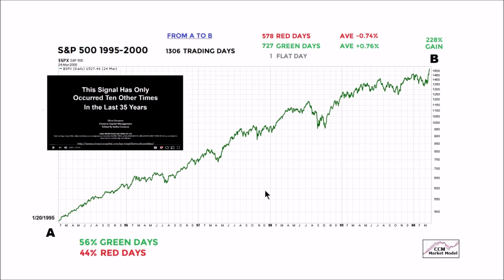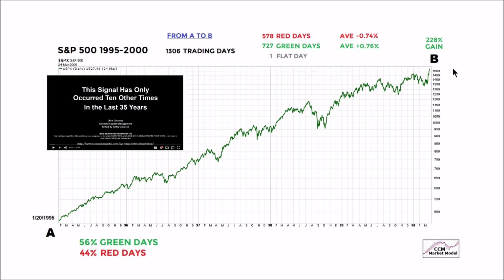Regular viewers and clients know we've been drawing comparisons to the 1995 period for some time now. This period, 1,306 trading days. The S&P 500 navigating from a point A to a point B several years down the road.